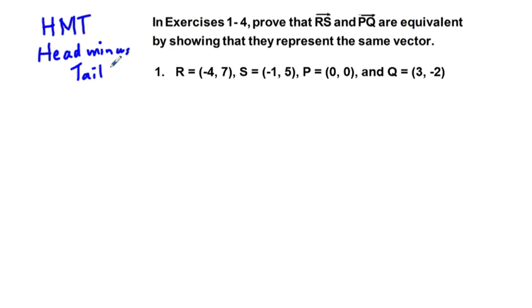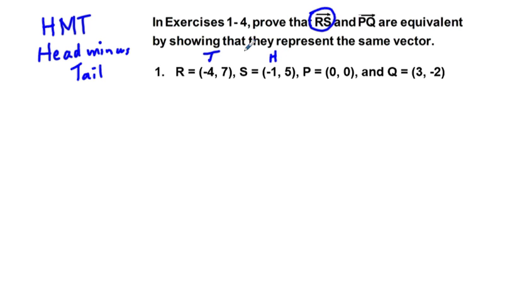All right, the head is where the vector finishes, and the tail is where the vector starts. And so if we look here, for instance, at vector RS, S is going to be where the vector finishes, which is going to be the head. So I'm going to put H next to S, and R is where the vector starts, so that's going to be tail.